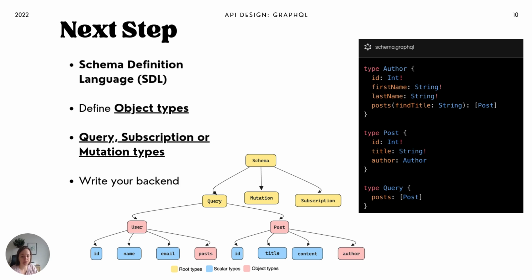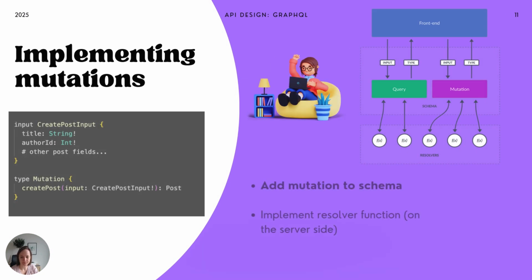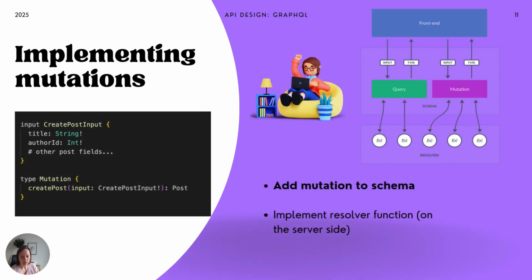Then after that, if queries are working, we go to mutation types. Subscription types we're not going to cover in this course, but mutations we will need. We will need to specify mutations on at least one of these object types. This might be the most confusing part of it, but the mutation you also specify in the schema.